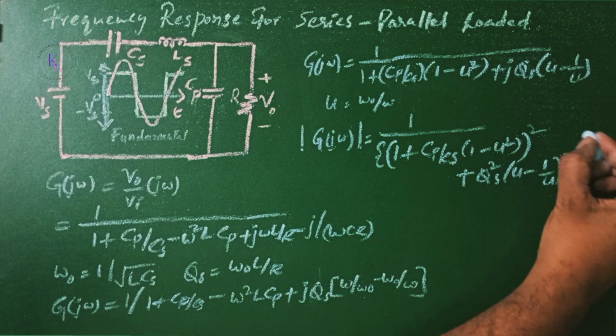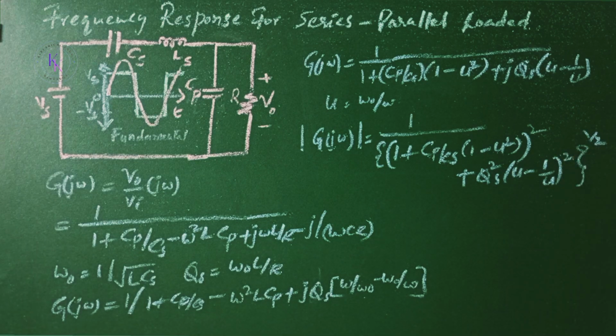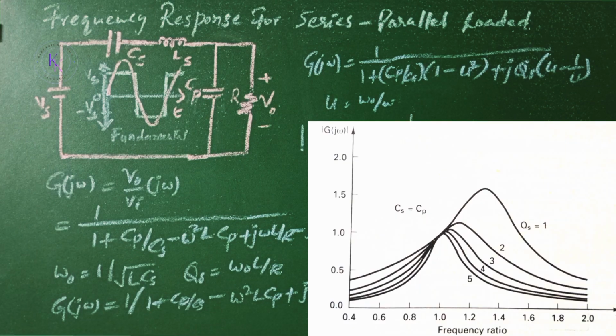The entire denominator is under another square root. The figure shows the magnitude plot for the voltage gain for the above equation, for Q equals 1 to 5 and Cp by Cs equals 1.